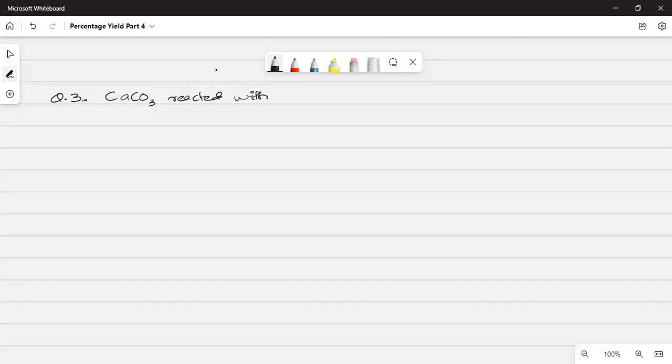Calcium carbonate, CaCO3, reacted with ample amount, ample means excess, ample amount of, which acid should we go with?